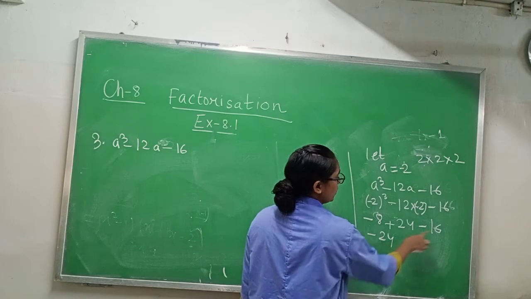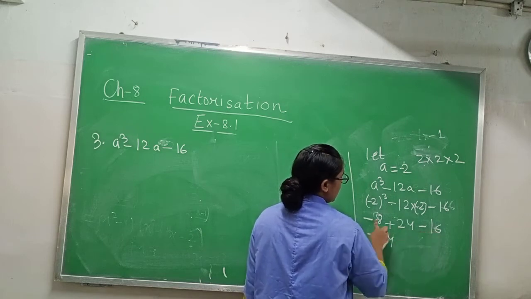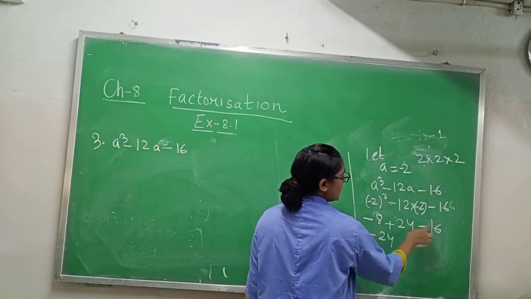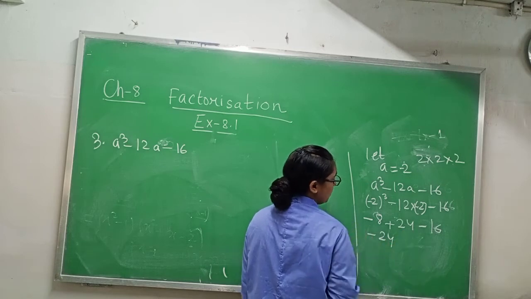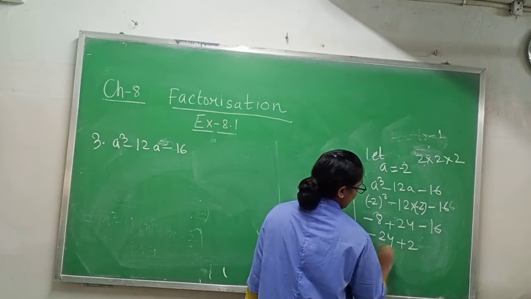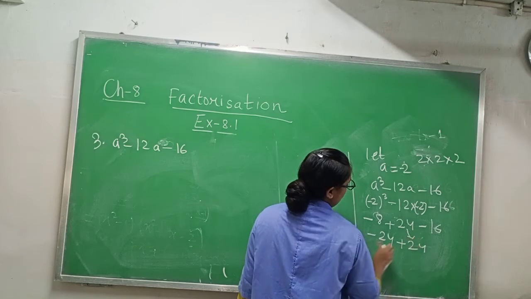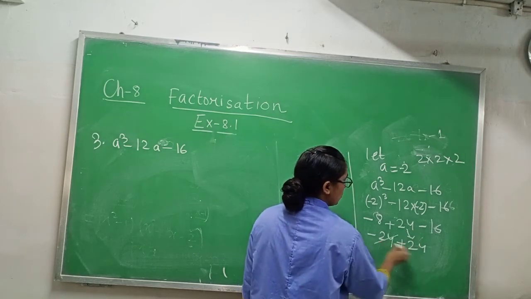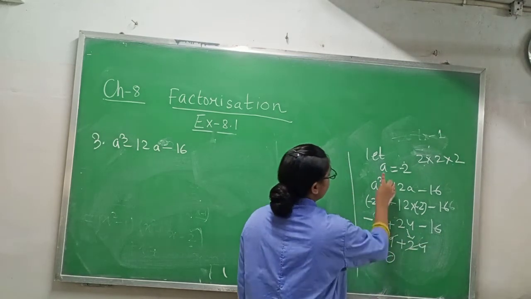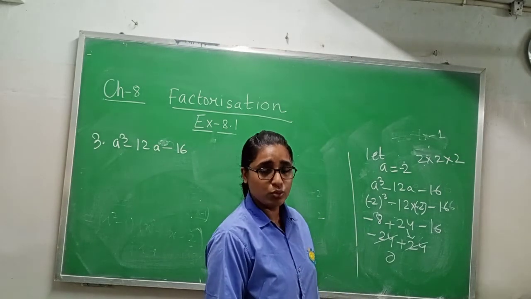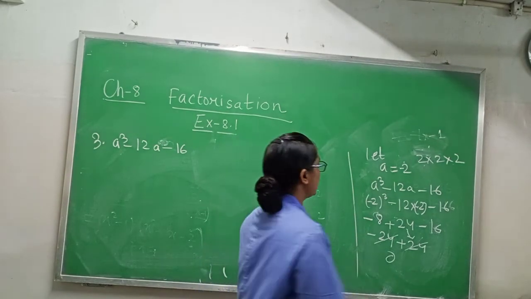But which sign will we put? The greater number's sign. Which one is greater, 8 or 16? 16, and with 16 we have a minus sign. That is why I am putting the minus sign. Minus 24 plus 24 will cancel. It means that a equals to minus 2, when you take it, you are getting 0.